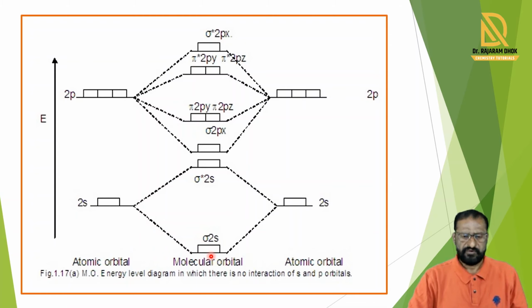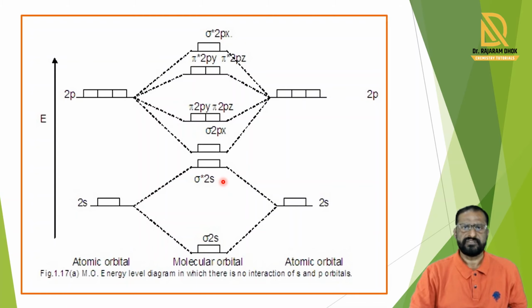Now when the 2s of the first atom and the 2s of the second atom have different wave functions, then the atomic orbitals repel and form an anti-bonding molecular orbital, and this anti-bonding molecular orbital acquires higher energy. We show it by sigma star 2s.